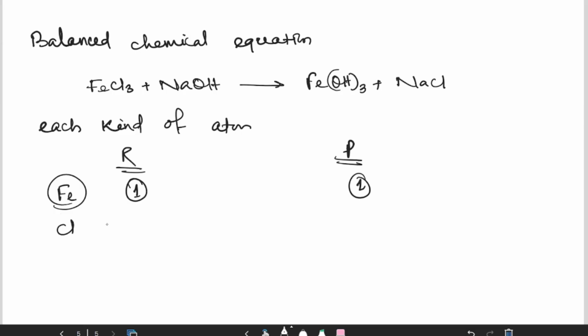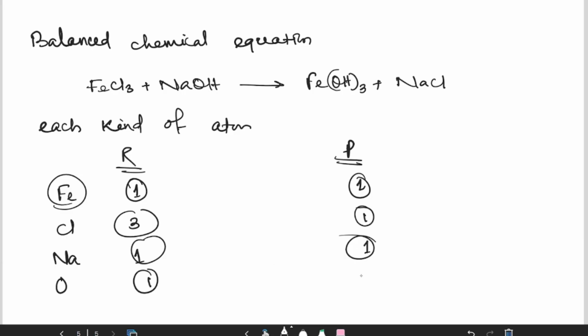Similarly, for chlorine, how many are there? 3, and on that side it is 1. Then for sodium, 1 and 1. Then for oxygen, this side 1, that side 3. Then for hydrogen, this side 1, that side 3.